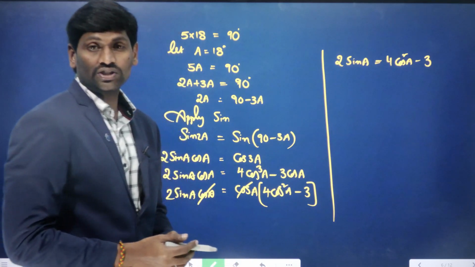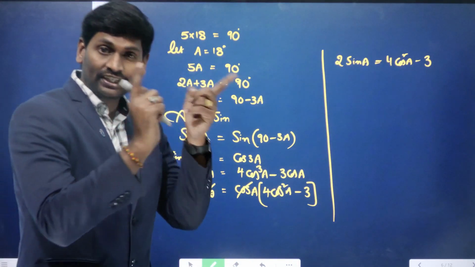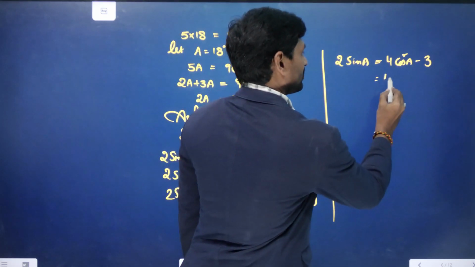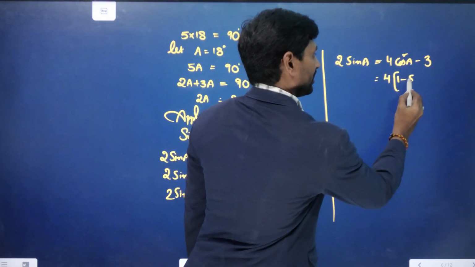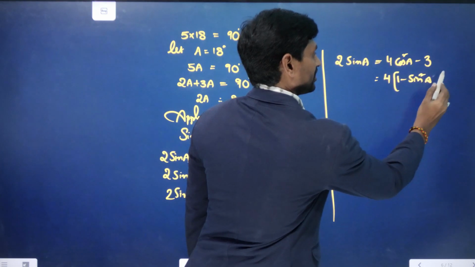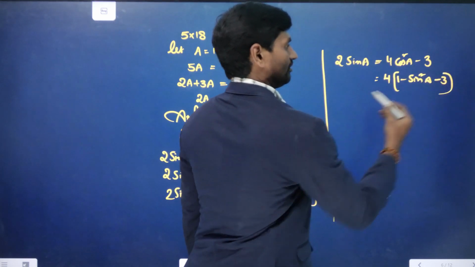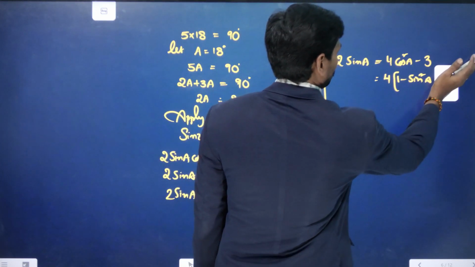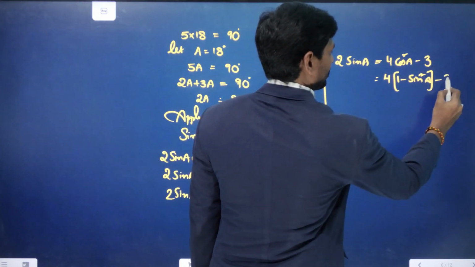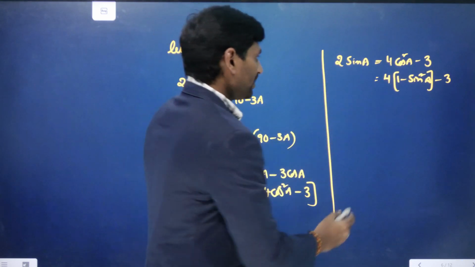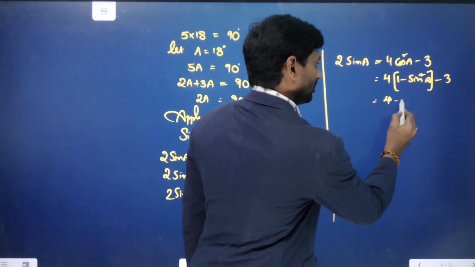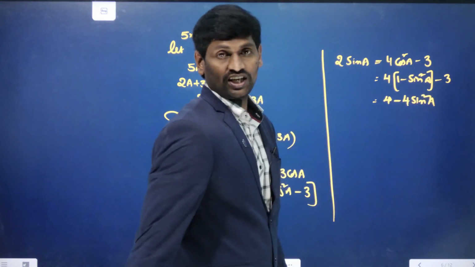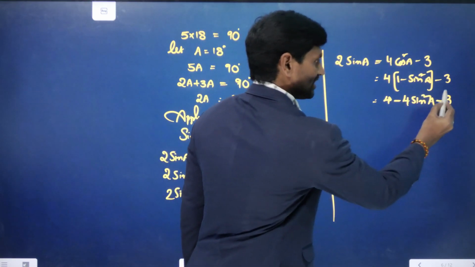I am writing cos square A by using the trigonometric identity 1 minus sin square A. This I can write as 4 into bracket 1 minus sin square A, minus 3. This bracket is for 1 minus sin square A. Multiply here: 4 ones are 4, 4 into sin square A is 4 sin square A, minus 3.